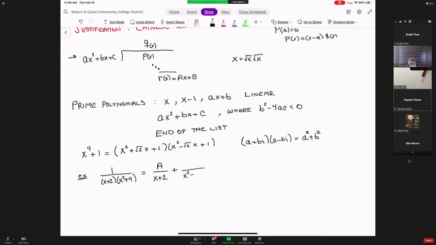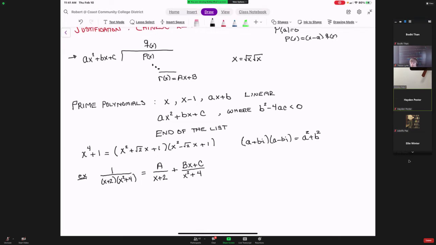And then what goes up here is the most general type of remainder you could get if you divided a polynomial by x squared plus 4. Now of course, if we allow for complex roots, then we can just use i's, and sometimes to find a, b, and c, you resort to that stuff.